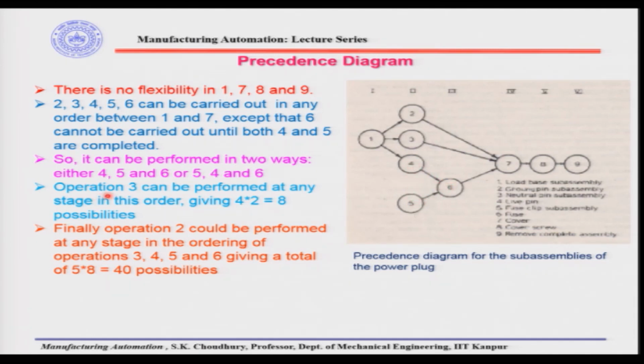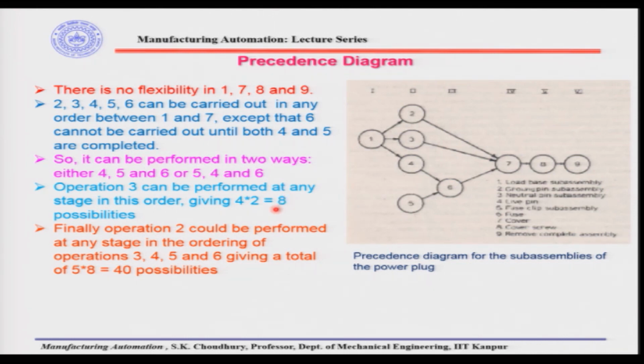All right. Operation 3 can be performed at any stage in this order. That means, there are two ways of doing that, and in this order we can perform operation 3, which is the neutral pin sub assembly, in any order. So, there will be 1, 2, 3, 4 positions into 2 ways, that will be 8.